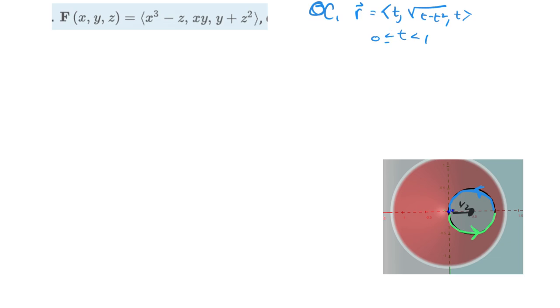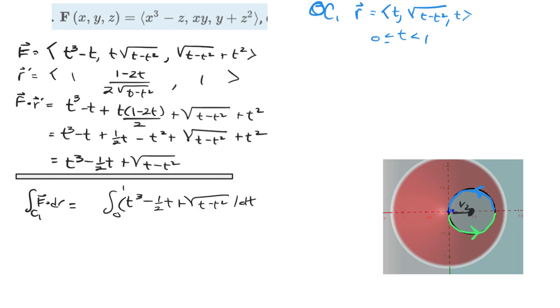Okay, so I'm going to put them in just like I did on the last problem and see what happens. Why don't you pause and do the same? Again, here's the F, and here's the r prime. If you do it side by side with the one you just did, you see that it's very similar, except this had a minus, and so it affects some of these terms down here. So the integral from 0 to 1 of F dot dr looks like this, which, compared to the other one, is hopeful, because the terms are similar but with some different signs, so it looks like that troublesome term is going to maybe drop out.